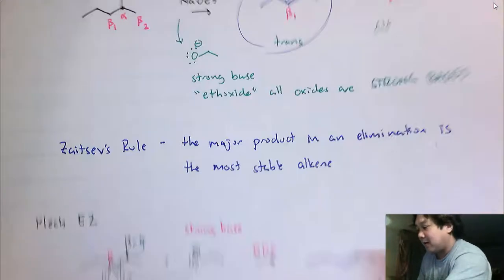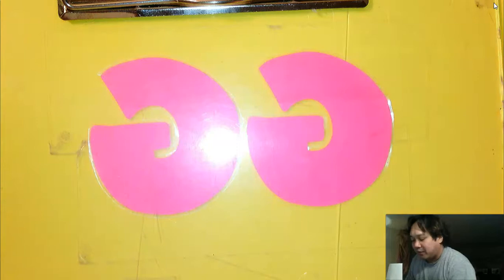Now, let me write something down so we know that when we find a strong base with an alkyl halide and we do an elimination, we have to do an E2 elimination. And I'm going to sum that up pretty easily here.